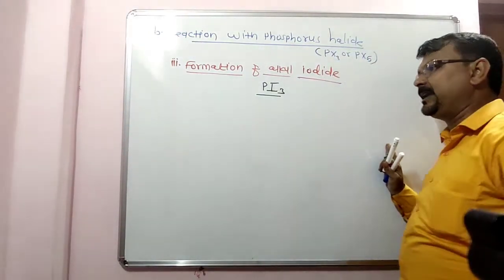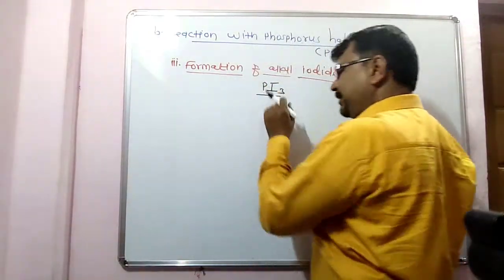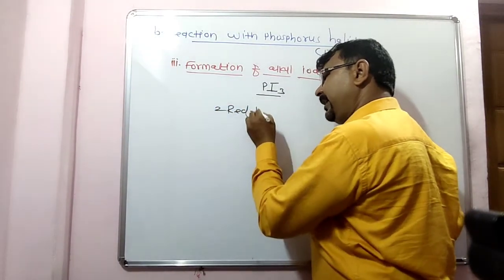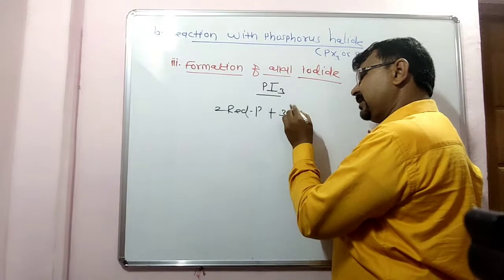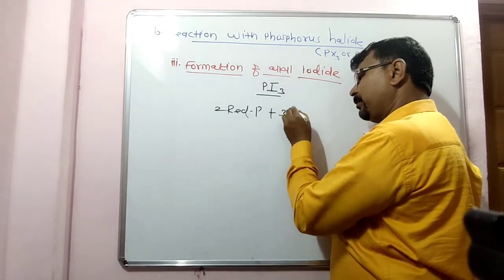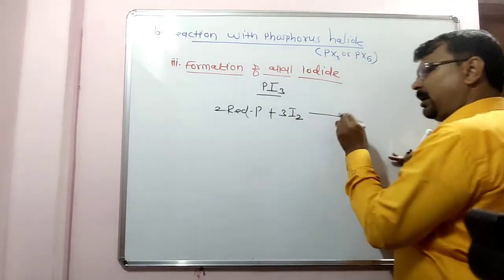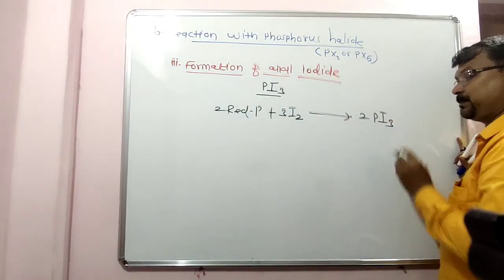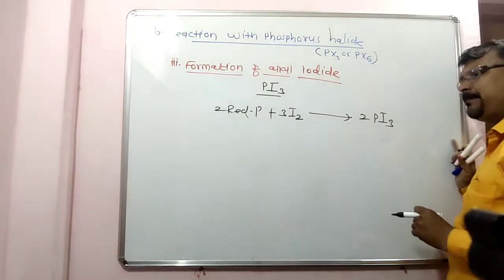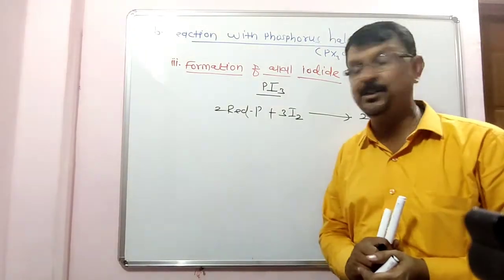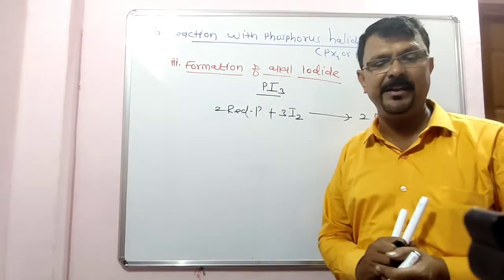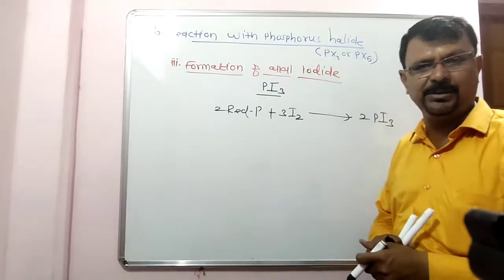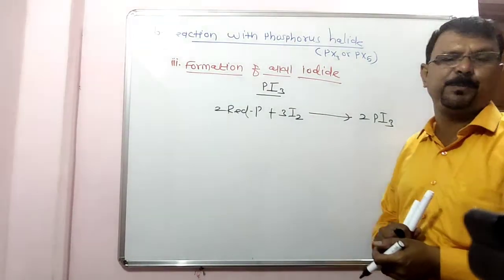Here use the mixture: twice red phosphorus plus thrice I2, to form twice PI3, phosphorus triiodide. This is the mixture of red phosphorus and iodine forming phosphorus triiodide. PI3 is less stable, so during the reaction it gives a mixture of red phosphorus and iodine.